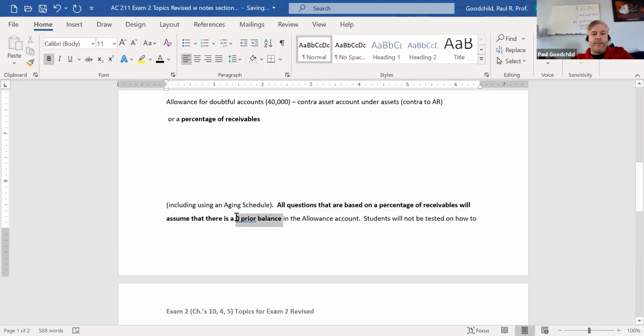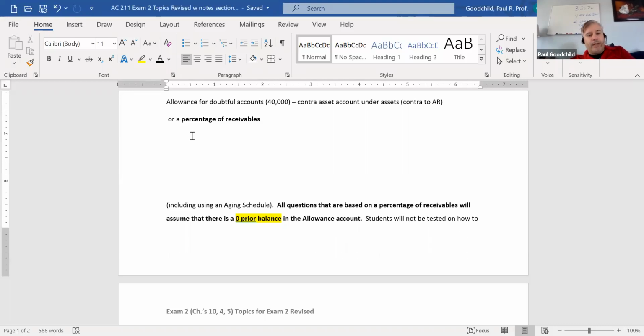And so this kind of caused some confusion in the class because the example I did had a balance in the allowance account, and so we had to adjust that balance, not just make the entry. Here, we're just going to go ahead and make the entry. So whatever number we come up with, that's going to be entered into bad debts expense.